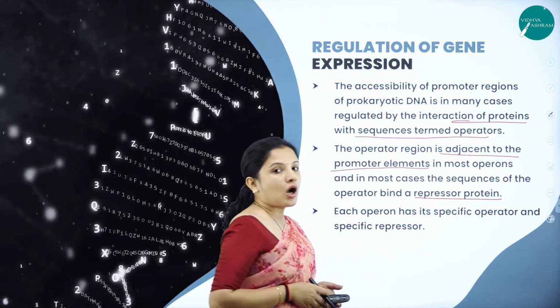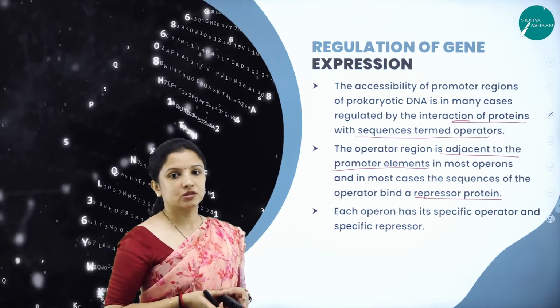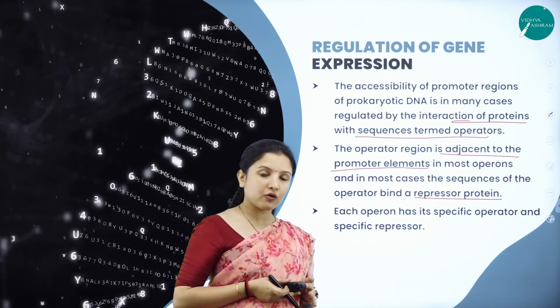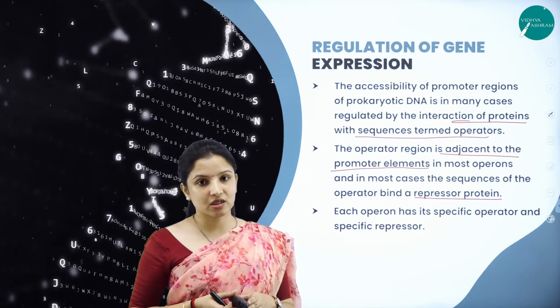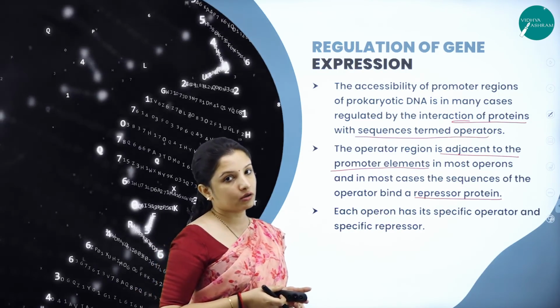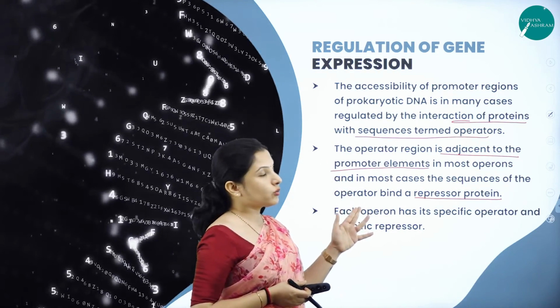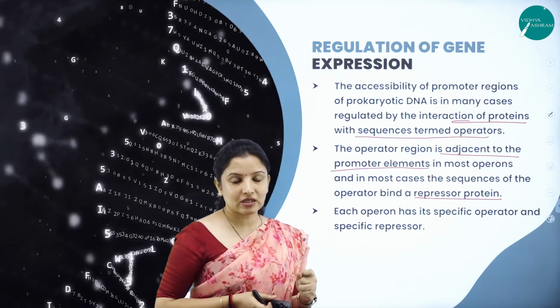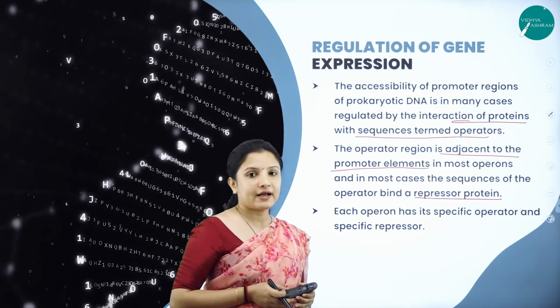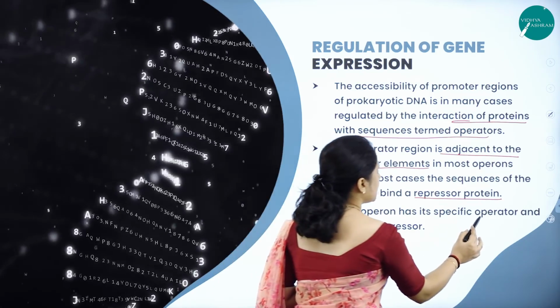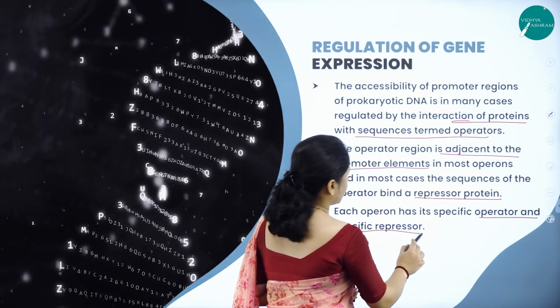What goes and binds to the operator region will decide whether the initiation of transcription should occur or not. When I explain it with an example, you will understand it better.